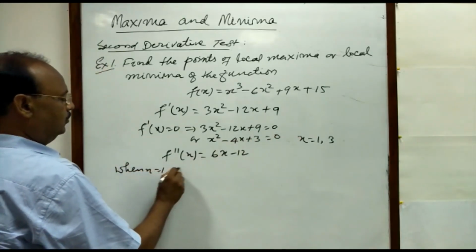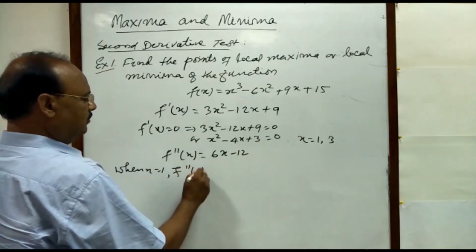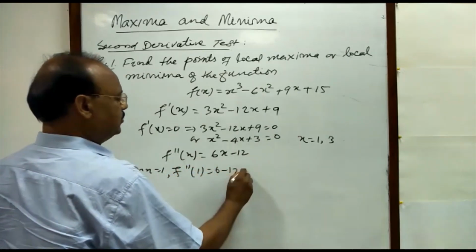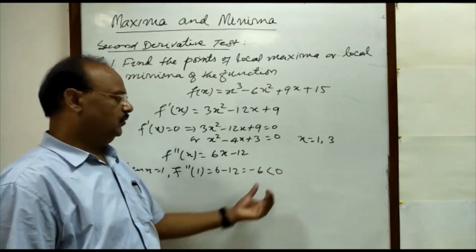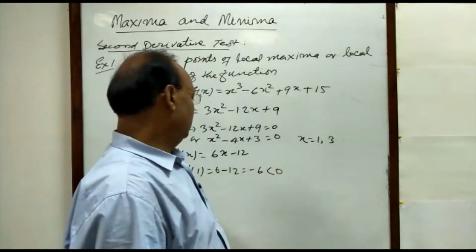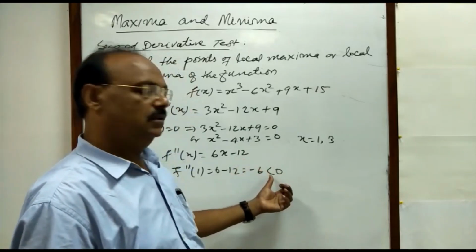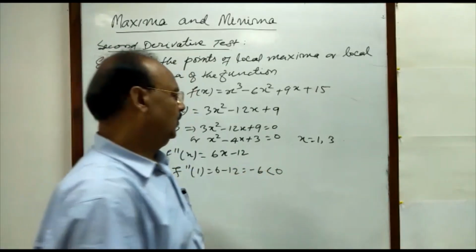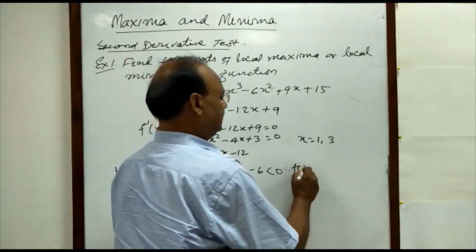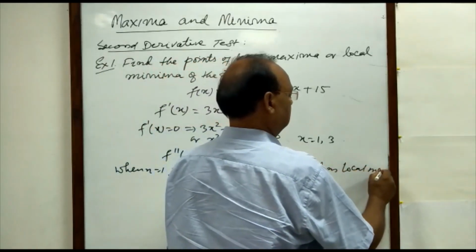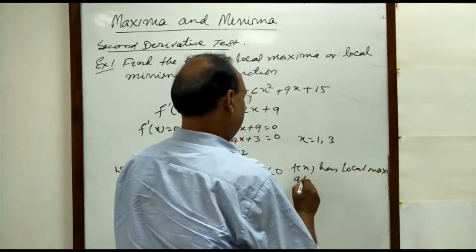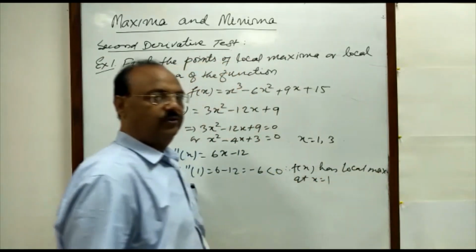When x is equal to 1, so f double dash of 1 is equal to 6 minus 12, this is equal to minus 6, this is less than 0. So as per the condition, we'll have local maxima, therefore f(x) has local maxima at x is equal to 1.